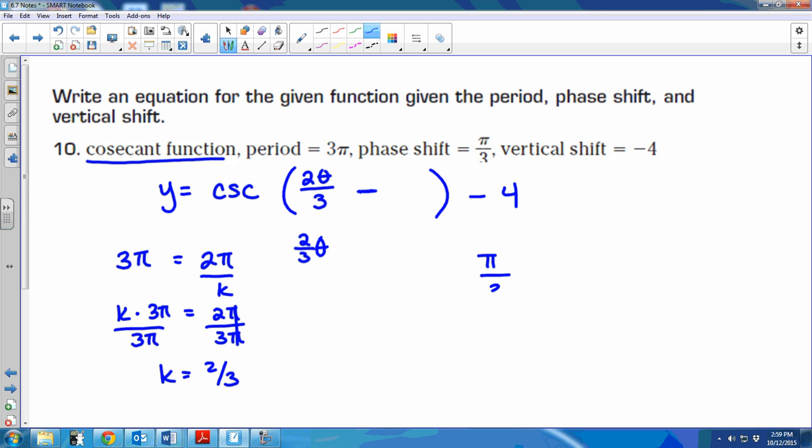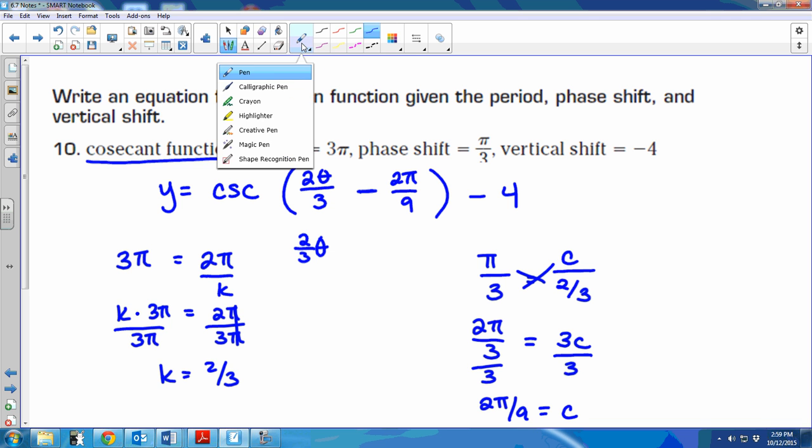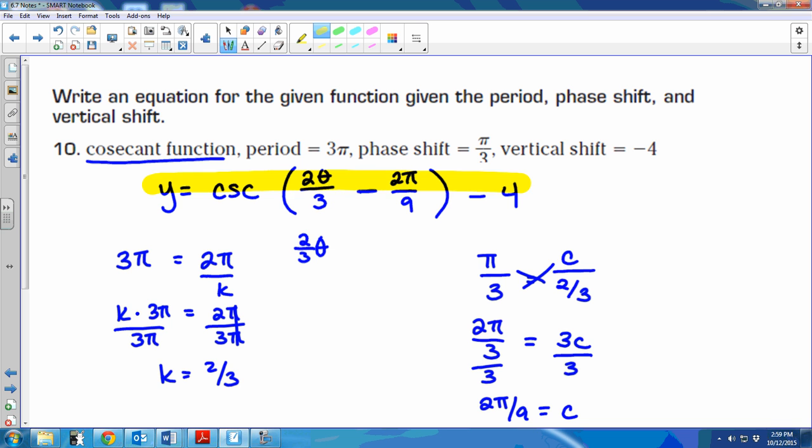So the phase shift, pi over 3, equals c over k. So if we cross multiply, we get 2 pi over 3 equals 3c. Divide by 3, and you get 2 pi over 9. So here is the final equation. So it's just like sine and cosine we did before fall break.